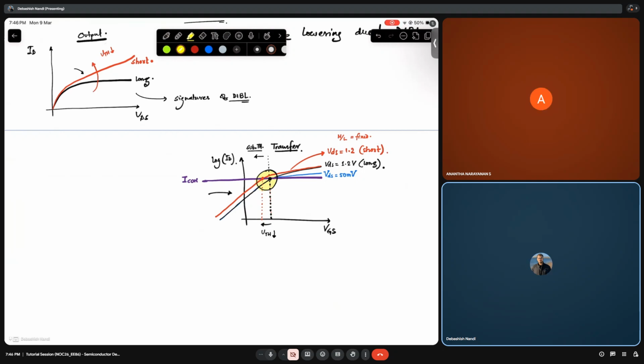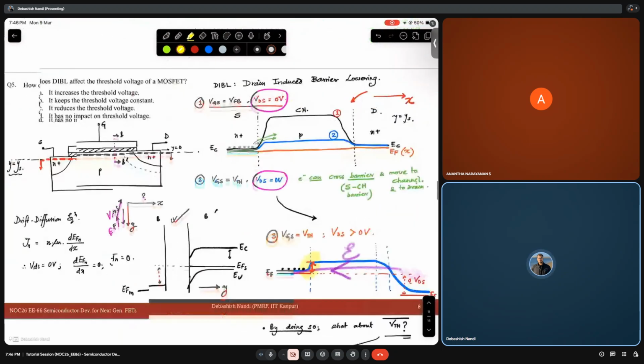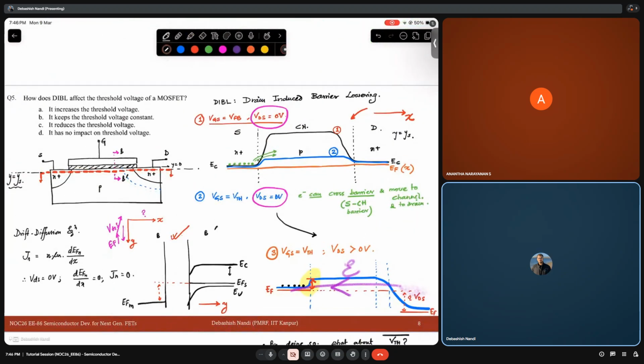DIBL affects the threshold voltage, it reduces the threshold voltage by lowering the source channel barrier for short channel devices.